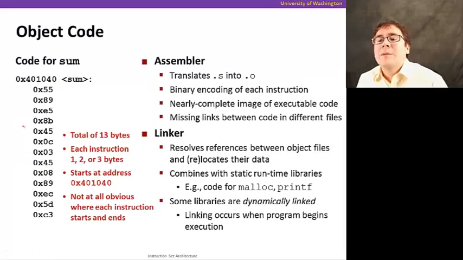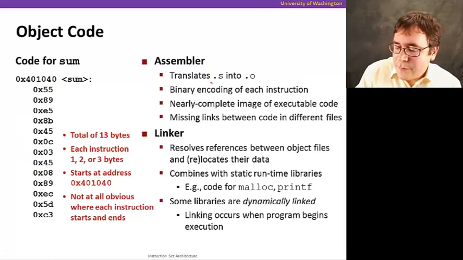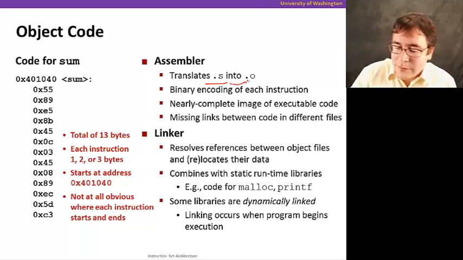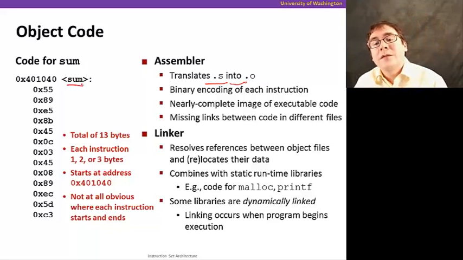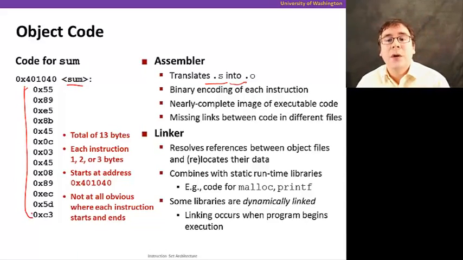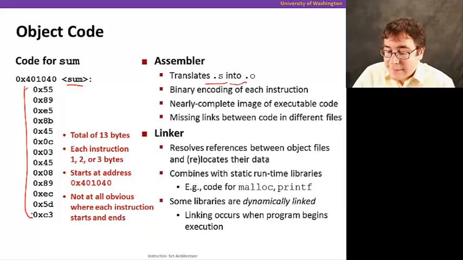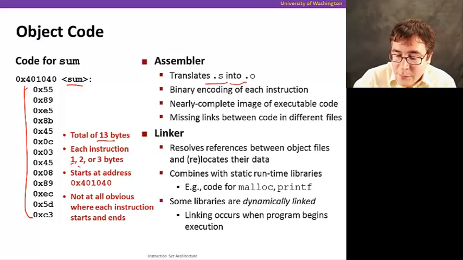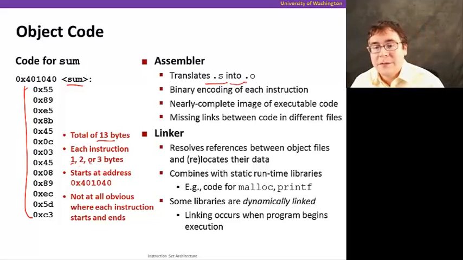We talked about object code before. Remember that the assembler translates assembly code into object code, binary code. Here's an example: remember the sum function that we just saw that adds 2 numbers? These are the bytes that compose the machine code for the sum function. This happens to be a total of 13 bytes, and there's a bunch of instructions encoded there. Some instructions take only 1 byte, some take 2 bytes, others take 3 bytes, and so on.